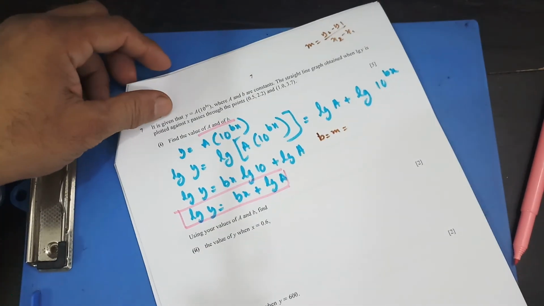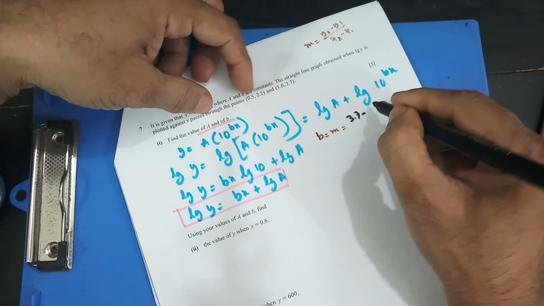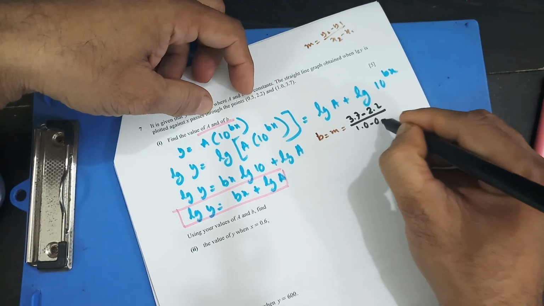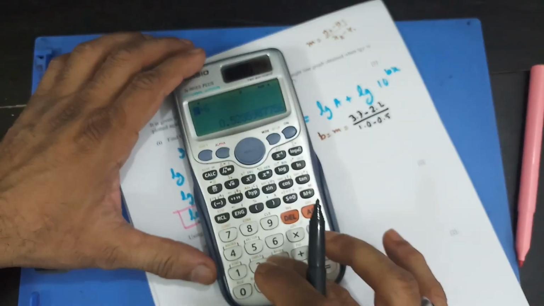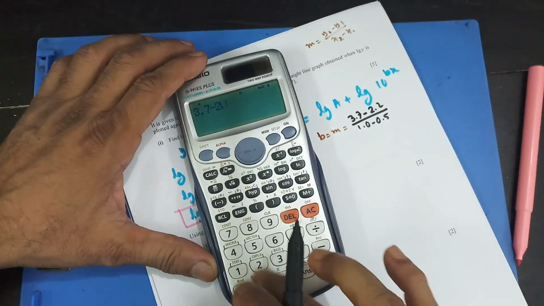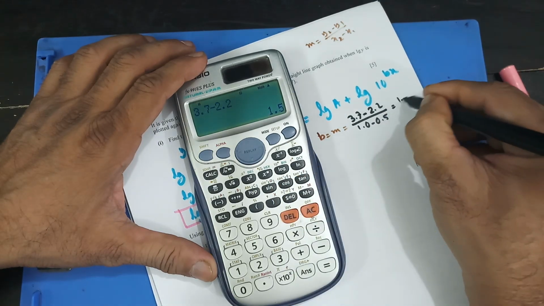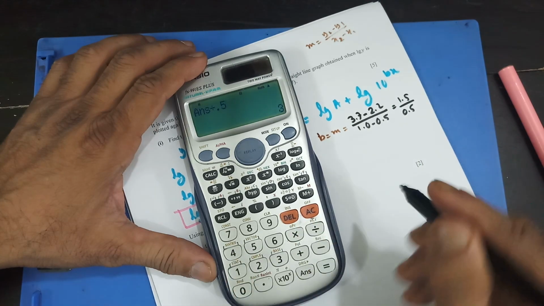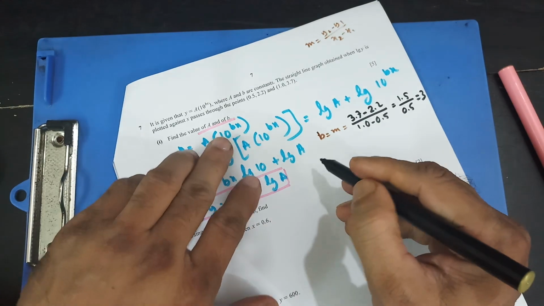Now this is going to be 3.7 minus 2.2 over 1.0 minus 0.5. 3.7 minus 2.2 is 3 by 2 or 1.5, and over here 0.5 divided by 0.5, so that's going to be 3. So the value of b is 3.